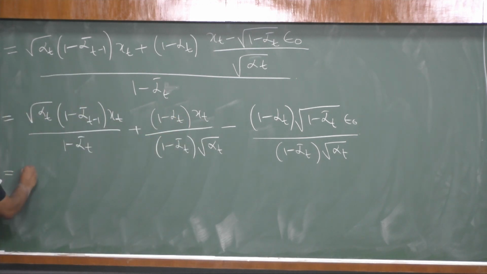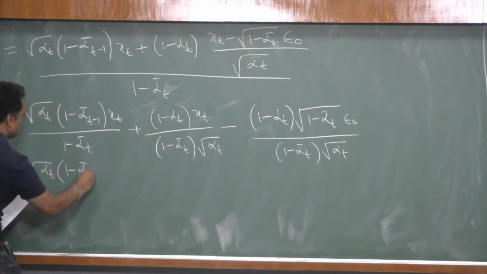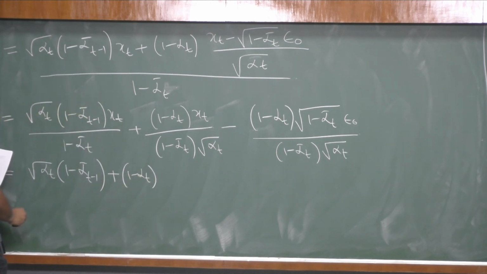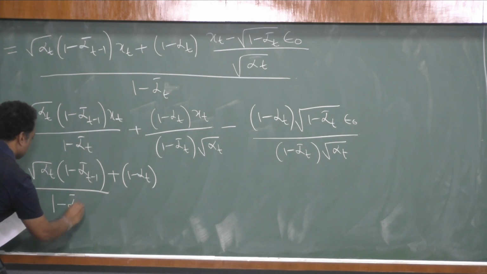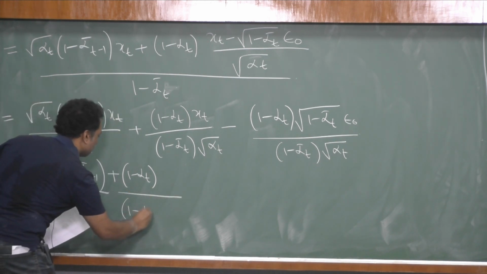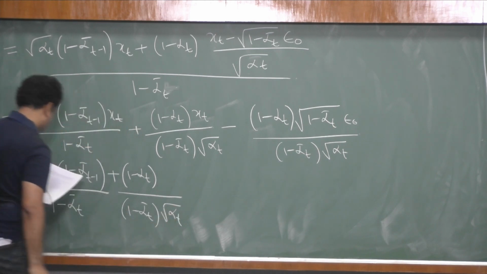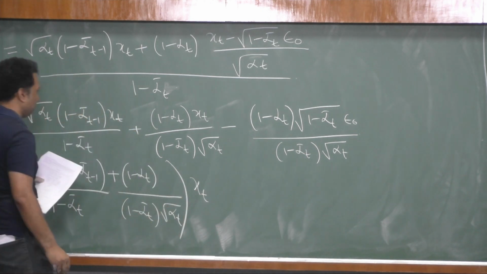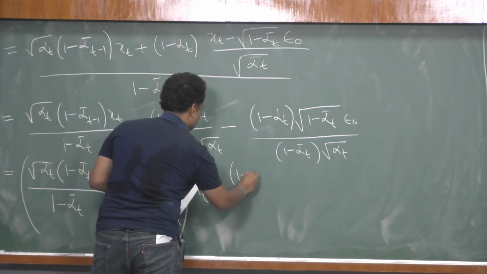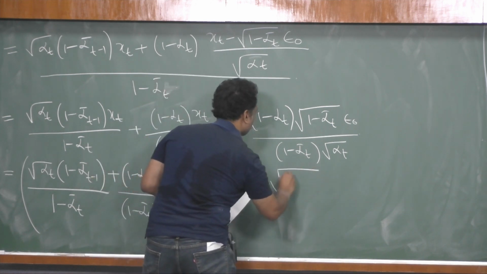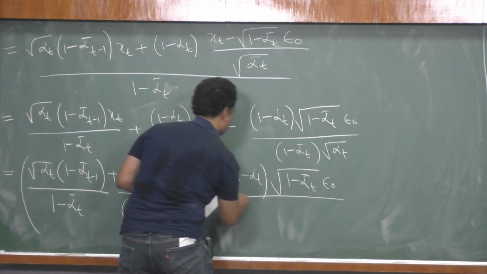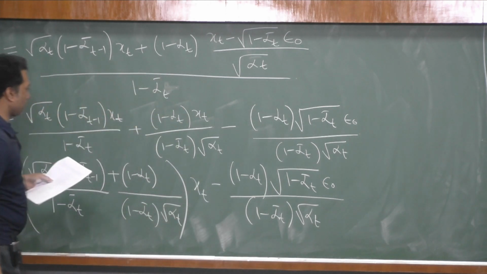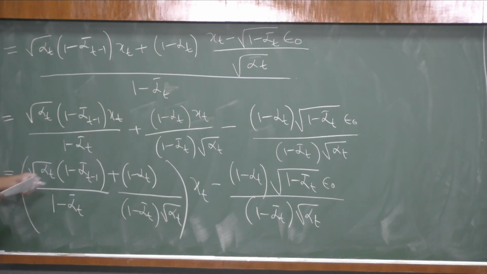So this is square root of alpha t (1 minus alpha bar t minus 1) plus (1 minus alpha t) divided by square root of alpha t, all divided by 1 minus alpha bar t, and this is taken common by xt, and then we have minus of (1 minus alpha t) square root of 1 minus alpha bar t epsilon naught divided by (1 minus alpha bar t) square root of alpha t. So the last term we didn't do anything, we only took a common for xt here.